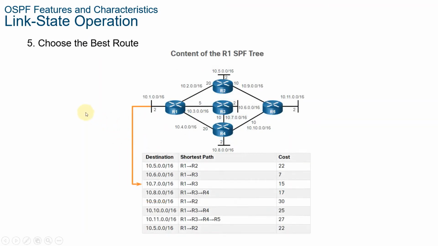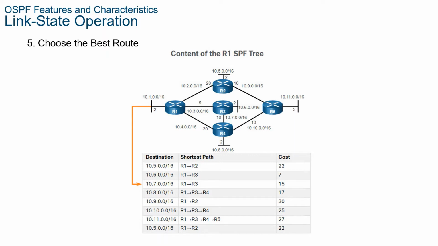And then we have choosing the best route. After the SPF tree is built from the previous step, the best path to each network is offered to the IP routing table. The route will be inserted into the routing table unless there is a route source to the same network with a lower administrative distance, such as a static route.